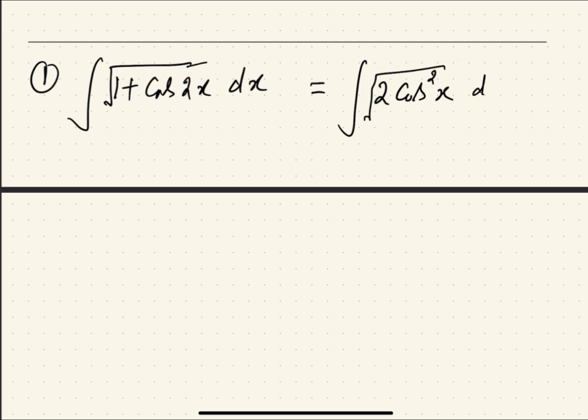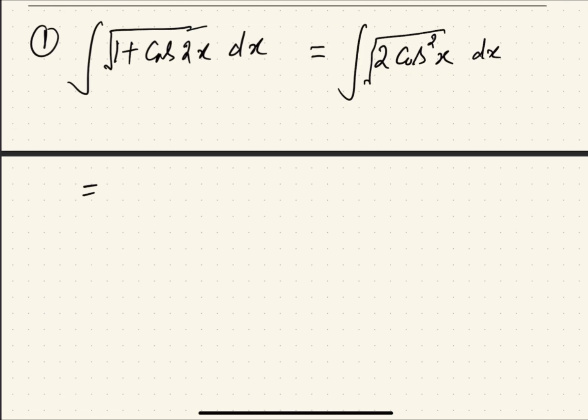That is the formula I used, and this will be equal to square root 2 outside, and cosine square, and the square and square root cancel out, you will have only cosine x dx, right? And this will be square root 2, and the integral of cosine is positive sine x. Don't forget c at the end.